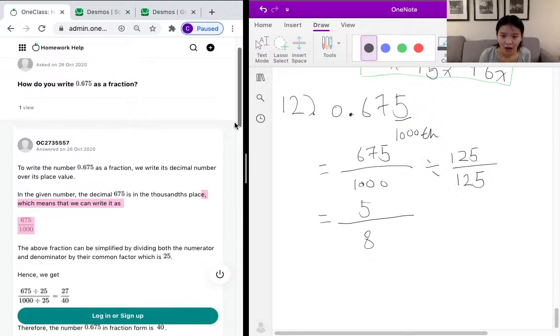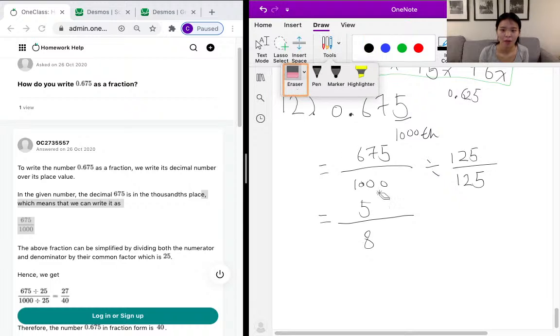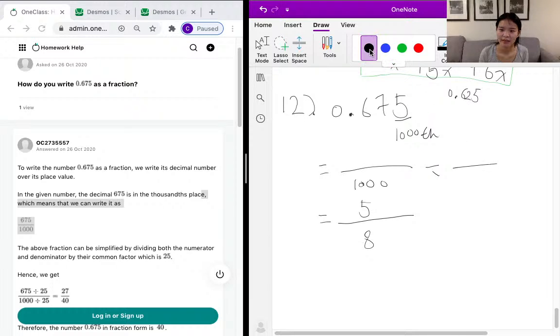725 is actually, oh, I see. What we have done is actually 0.625, and this is 0.675, which is a different problem, and 675 is actually not divisible by 125. It's not a multiple of 125.